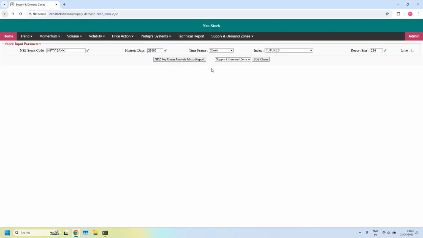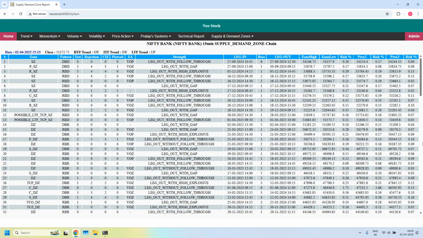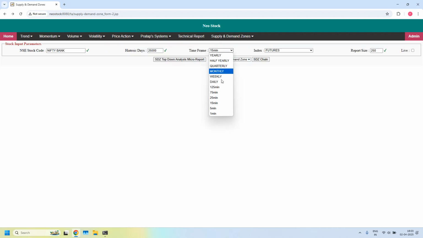Next, I'm generating 15 minutes supply demand zone chain for BANKNIFTY. Next, generating 5 minutes supply demand zone chain for Bank Nifty.